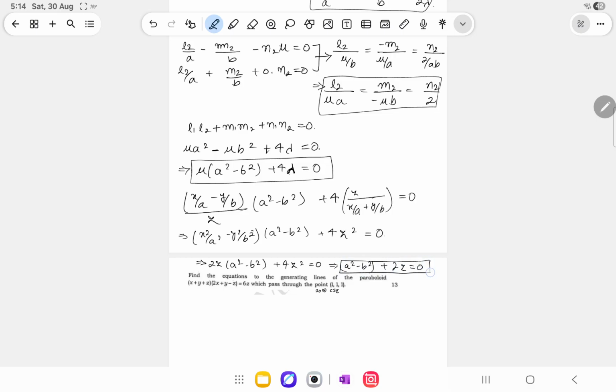So this is basically the required locus of the point of intersection of the generators.